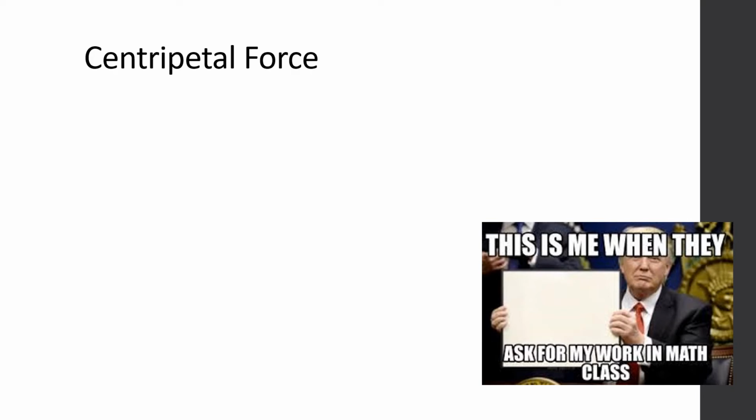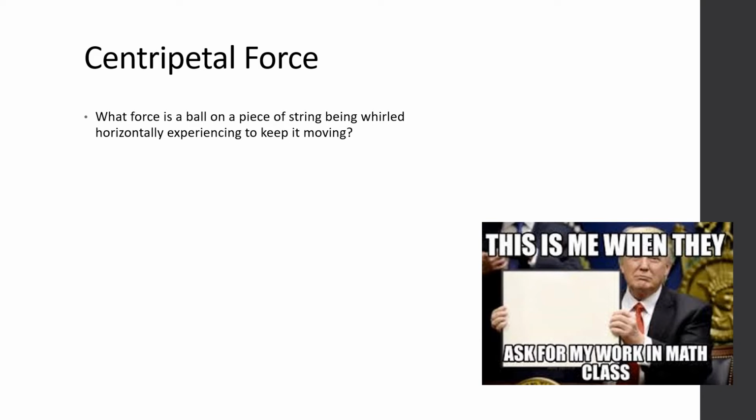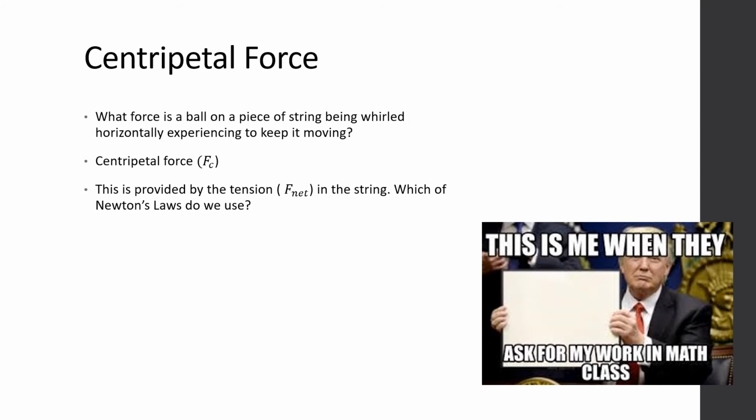We've thought about centripetal acceleration, so let's move on to centripetal force. What force is a ball on a piece of string being whirled horizontally in a circle experiencing to keep it moving? That's called the centripetal force. We've talked about it in the previous couple of chapters. This force is provided by the tension in a string.